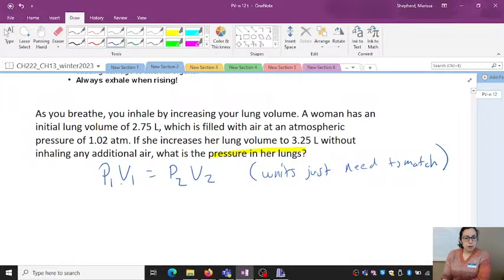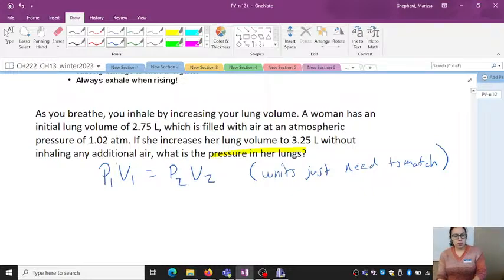I just rewrote the formula, P1V1 equals P2V2. This is one of those scenarios where it doesn't quite matter what the units are. They gave it to us in liters, so probably just leave it in liters. But if it was in milliliters and milliliters, that would be fine, because we're just comparing and not plugging it into the big formula with our gas laws.